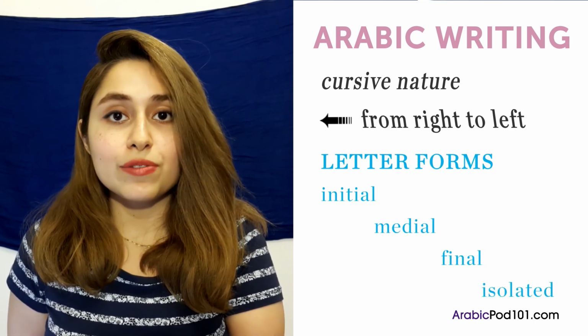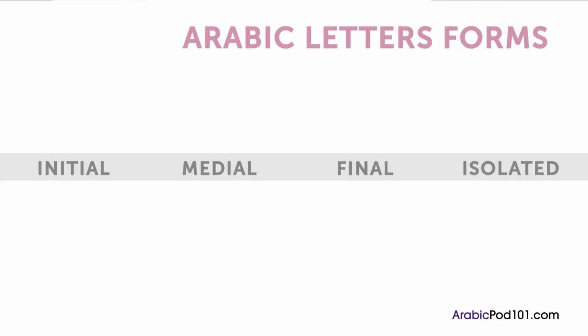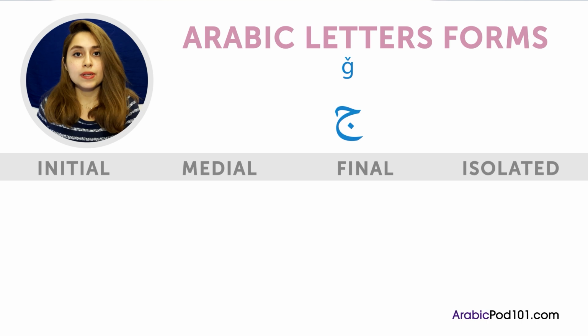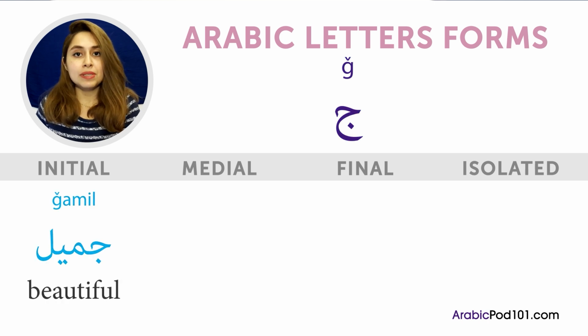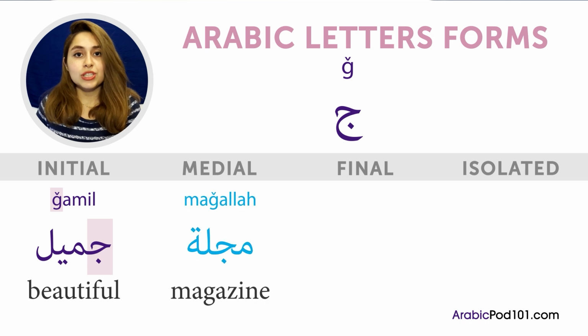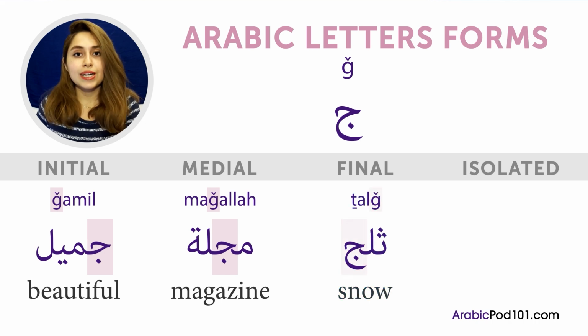Let's see examples of some letters in their 4 different forms. The letter Jim. Initial, جميل, beautiful. Medial, مجلة, magazine. Final, ثلج, snow.